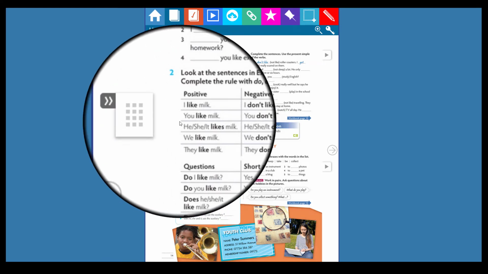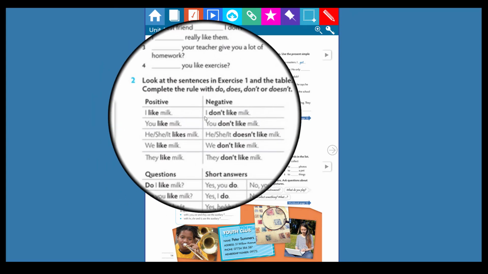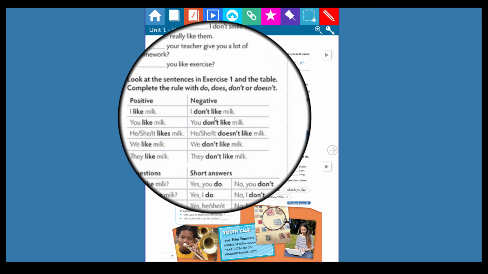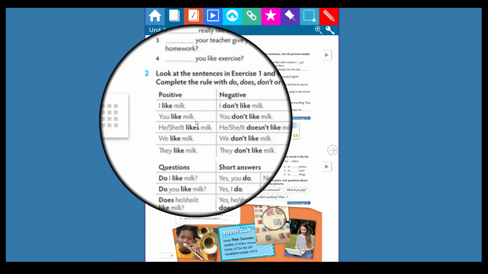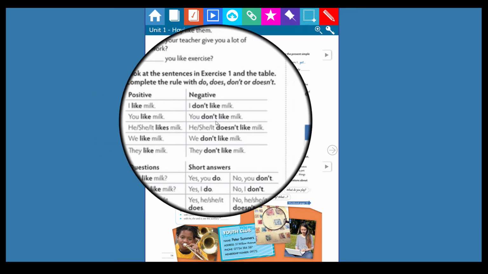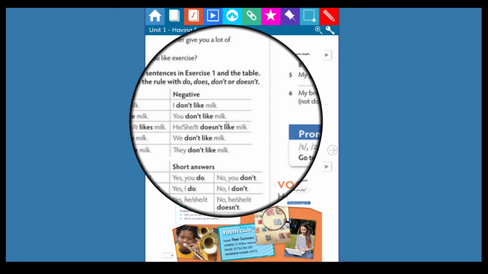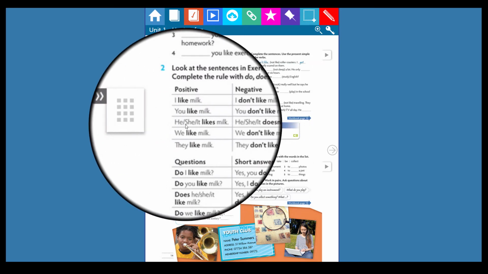Okay, here we have the first example. It says, I like milk. And the negative form of the same sentence is, I don't like milk. Then we have, you like milk. And the negative form is, you don't like milk. Then we have, he, she, and it likes.